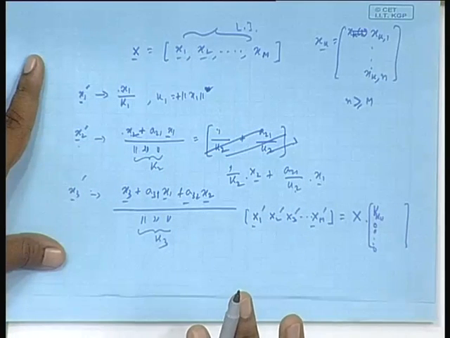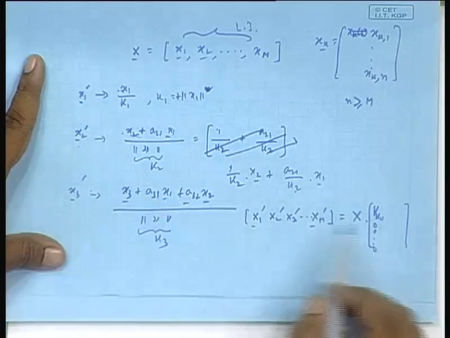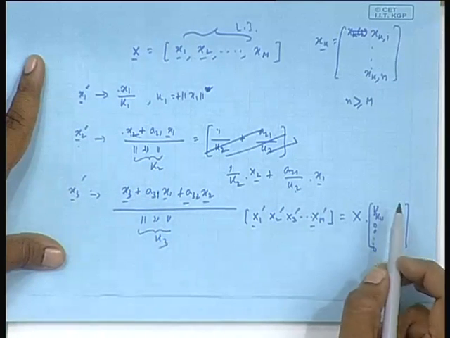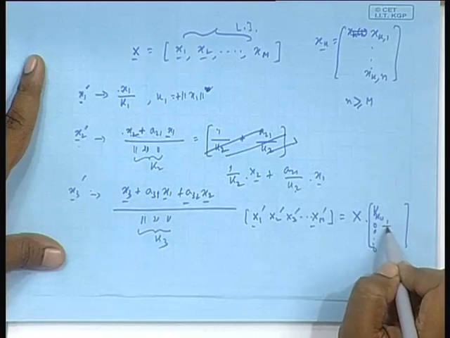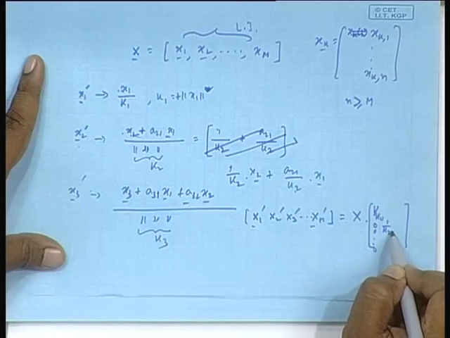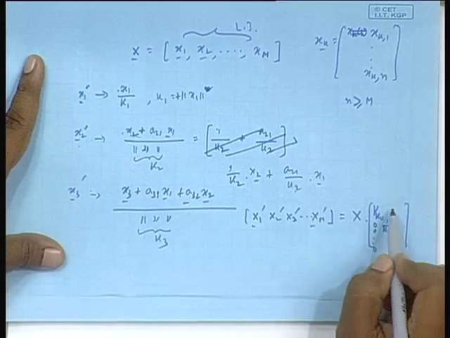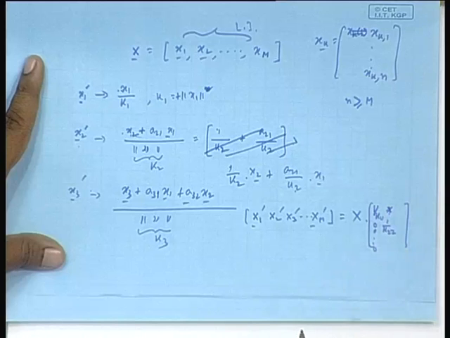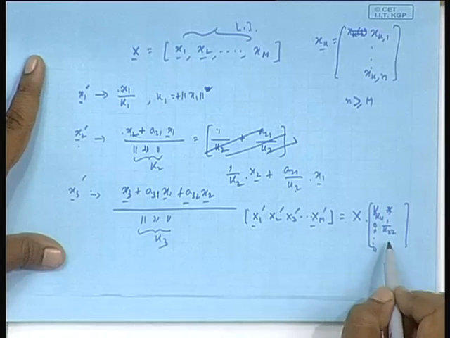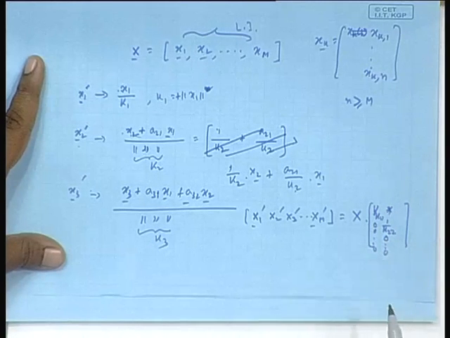Okay. Then x 2 prime will be what? 1 by k 2 2, right, and here something, I am not writing, some star, but then 0. The essential thing is these zeros.